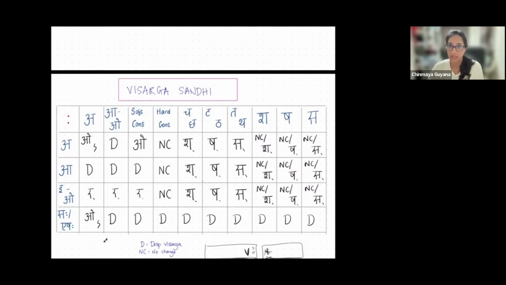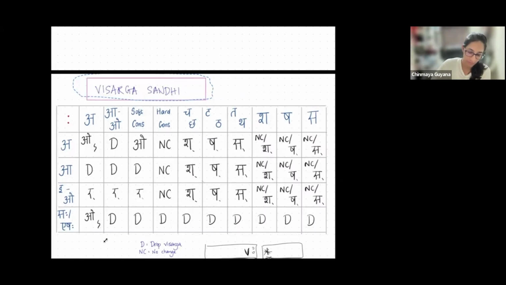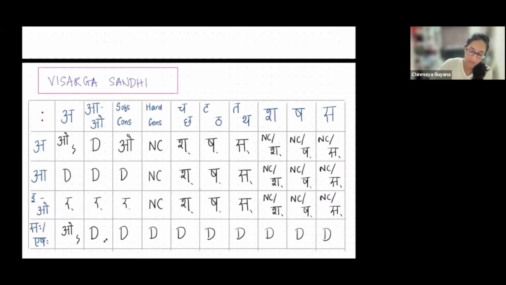This Visarga Sandhi table tells the rule of what happens to the Visarga when two words are meeting with the Visarga in the middle. For example, the word Dhritarashtraha Uvacha.